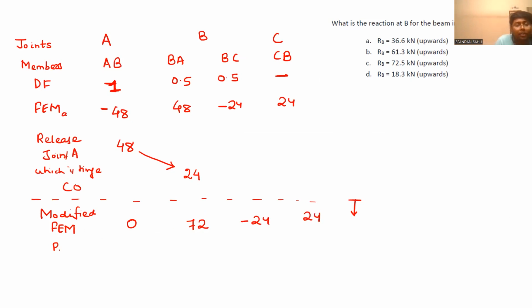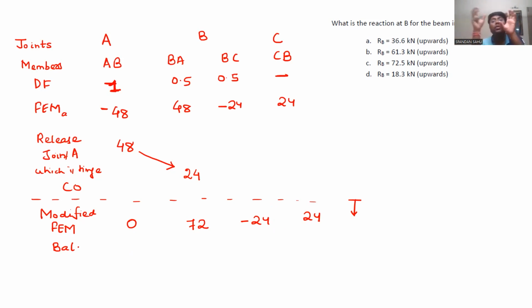Now you balance all those joints one by one. Joint B has a net unbalanced moment of what magnitude? 48. Yes, sir. So 48 kilonewton meter is the net unbalanced moment in the joint.